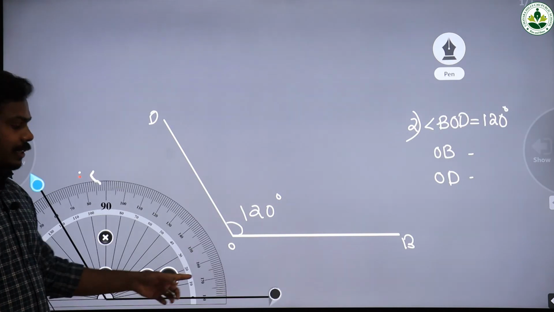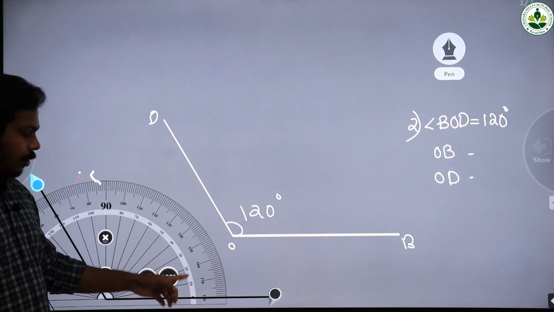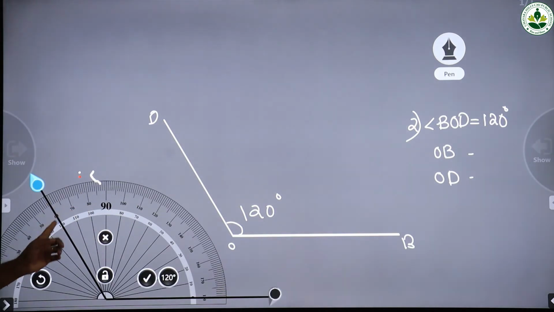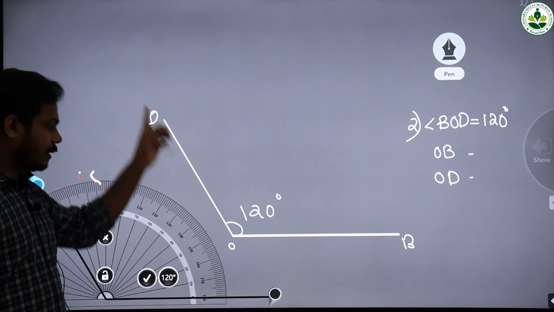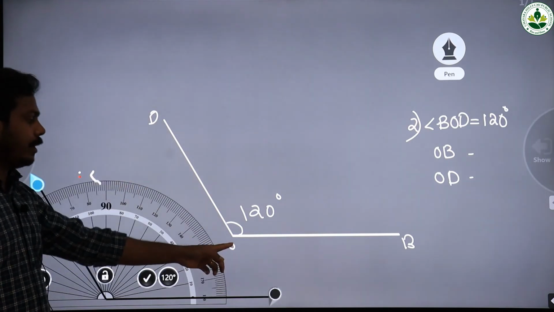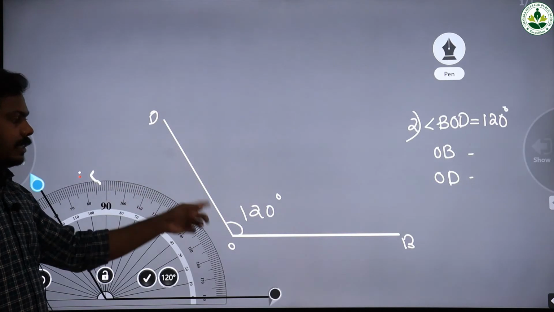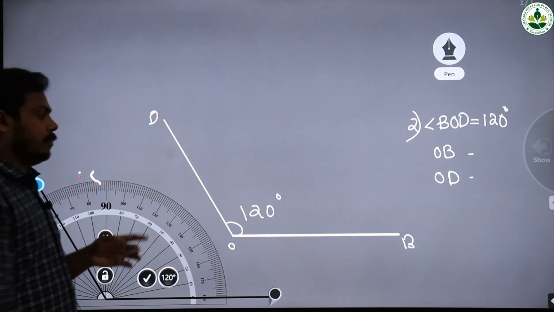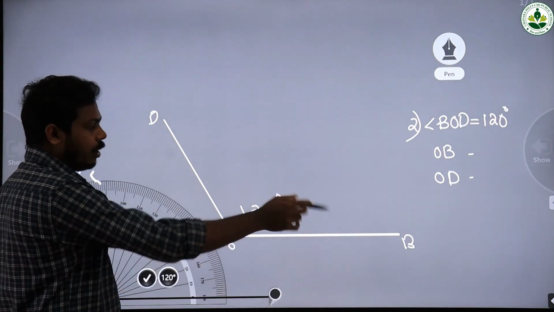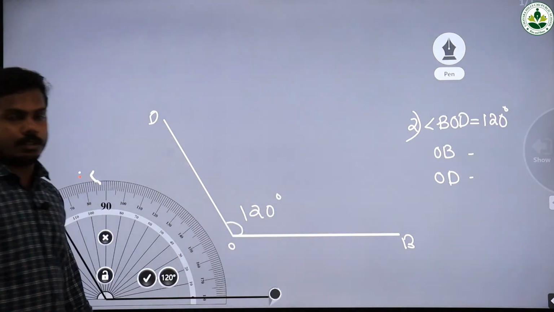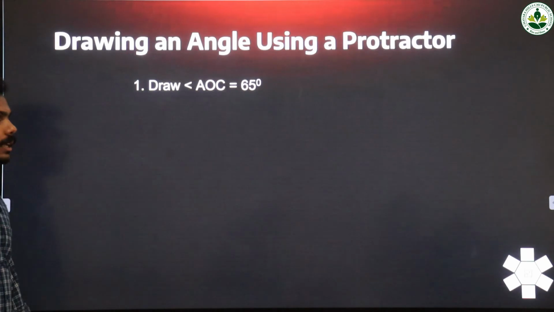Here it is on the inner scale, so start from the 0 and look where is 120 degrees. Point out that one. Then connect the point and the vertex. Then we got this second arm, here it is OD. Now we got the angle DOB or BOD with 120 degrees.